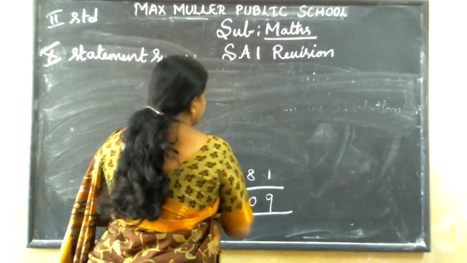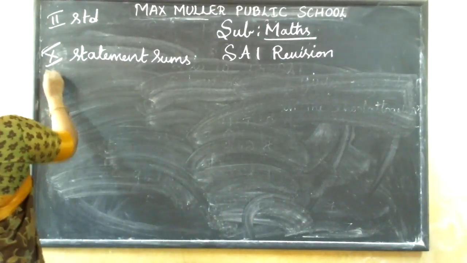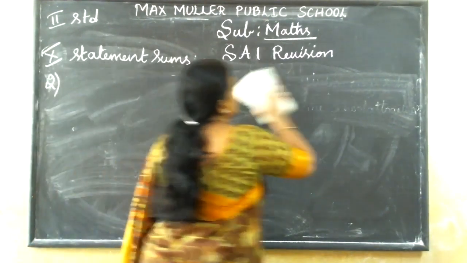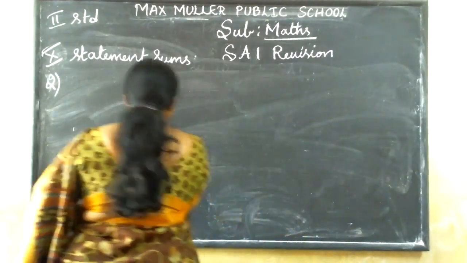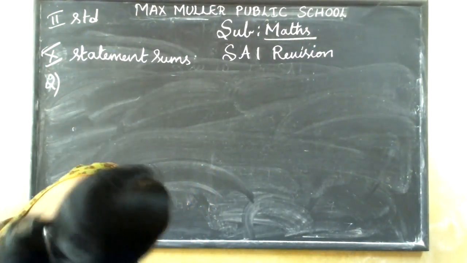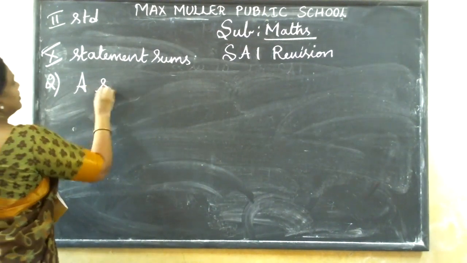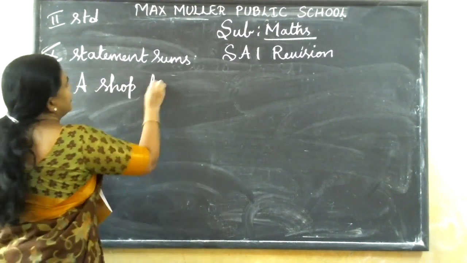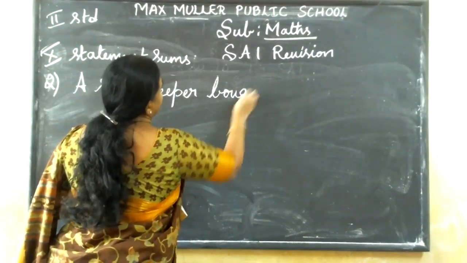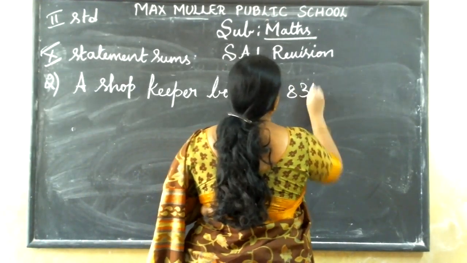Go to a fresh page for the second one. Revision note only, you want to continue. Second one. A shopkeeper bought 836 books.